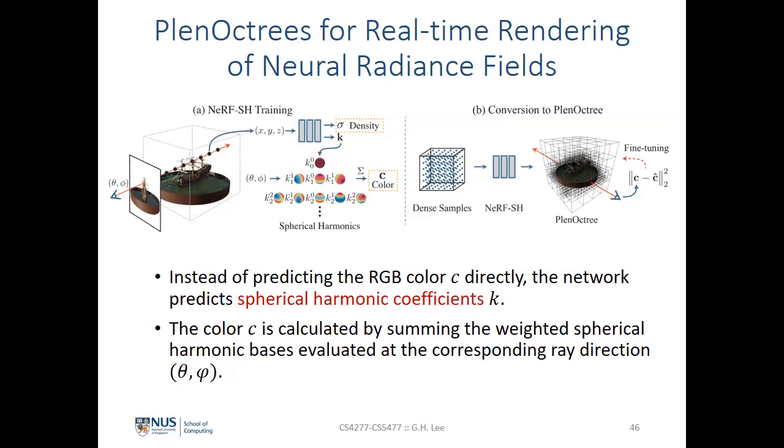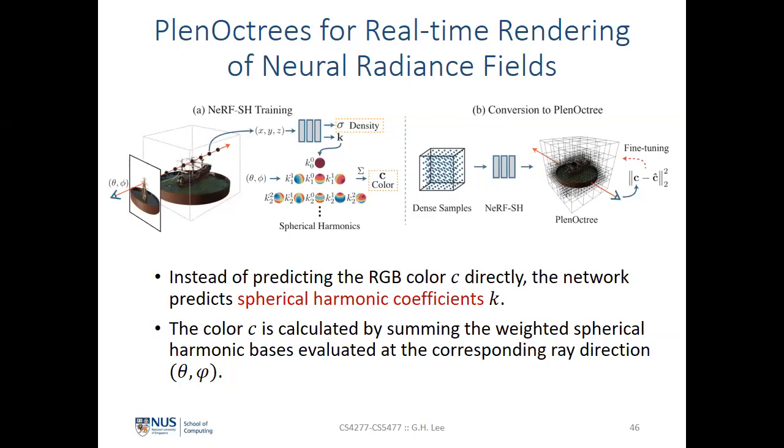This Fourier series, just now the Fourier encoding, is actually a form of basis, a linear combination of the Fourier basis. But there is something called the spherical harmonics in 3D. This is equivalent to the Fourier series in 2D, when you do signal processing, right?